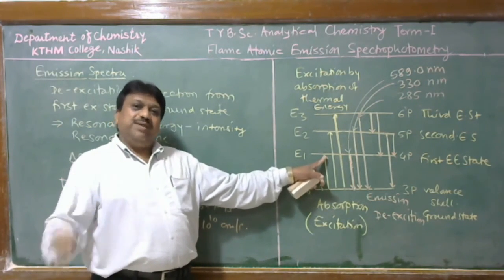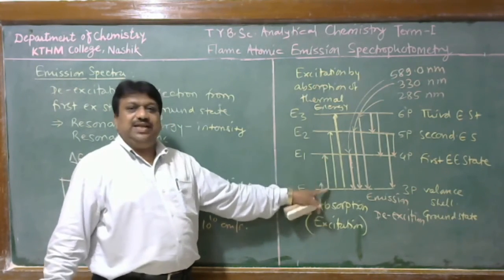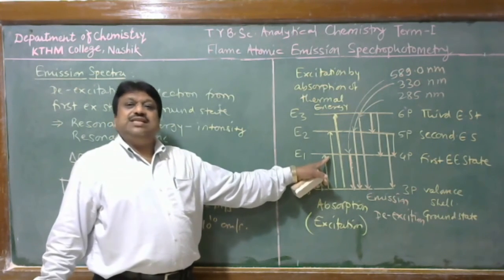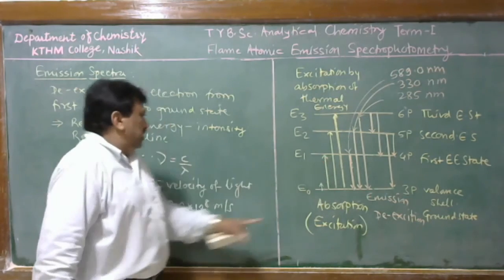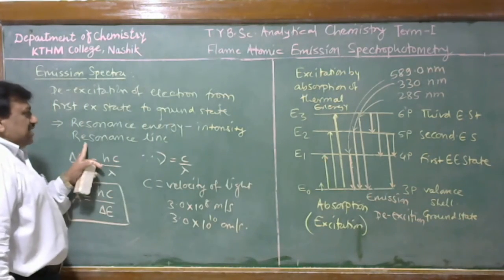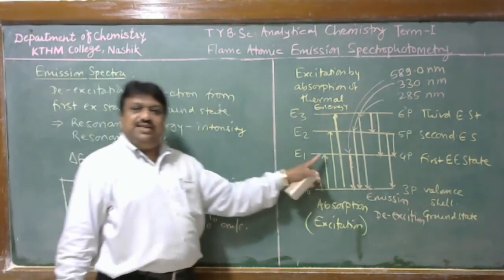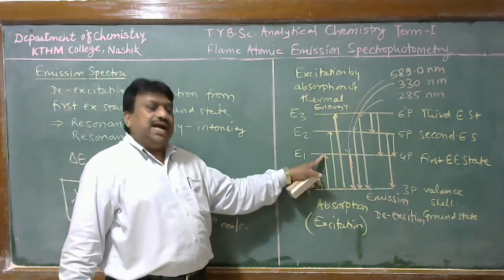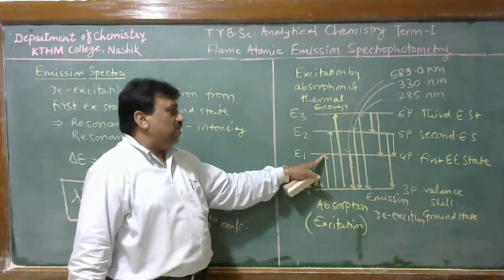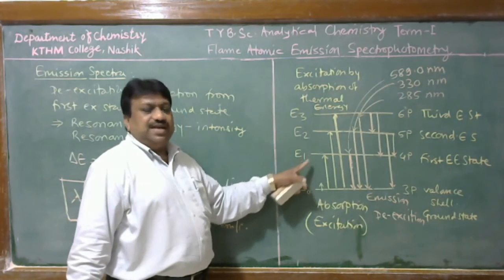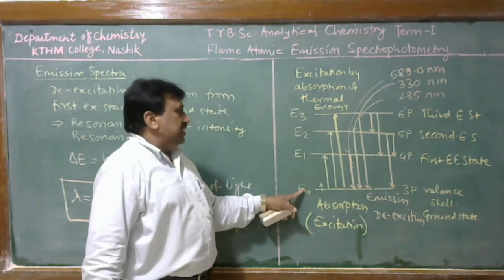Therefore, many sodium atoms undergo this type of electronic transition because it requires minimum energy. So the resonance line is the emission line obtained when the atom is de-excited from the first excited state level to the ground state level.